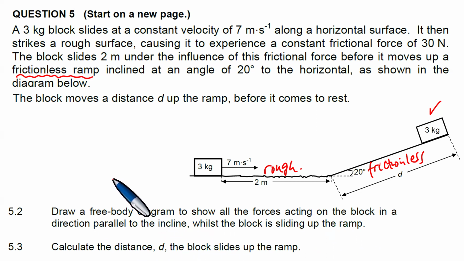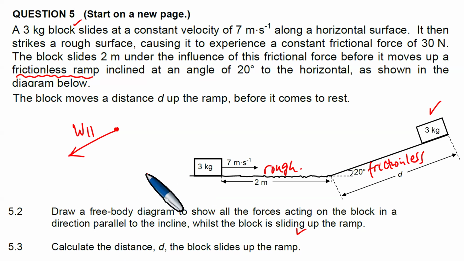What you need to do is this: it is only the parallel component of the weight that is going to be acting down there, because as it slides up the ramp, you're going to have only this force, because it's smooth. There's no friction. It is also just sliding, so no one is pushing it. There's no applied force in terms of somebody pushing it. So the only force acting is this one.